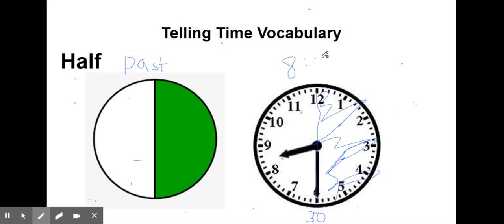So it's 8:30. The other way I could say 8:30 is half past 8. Practice saying that with me. Half past 8. So when you look at a clock and you see that the minute hand is at the 6, instead of always saying 30 minutes, you can also say half past.